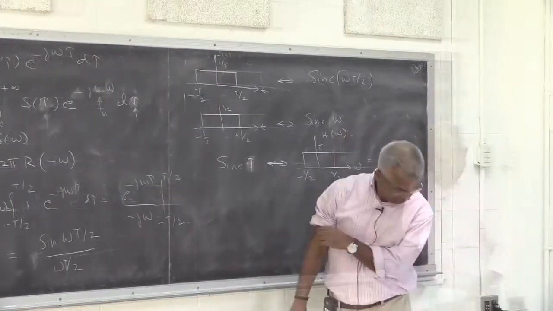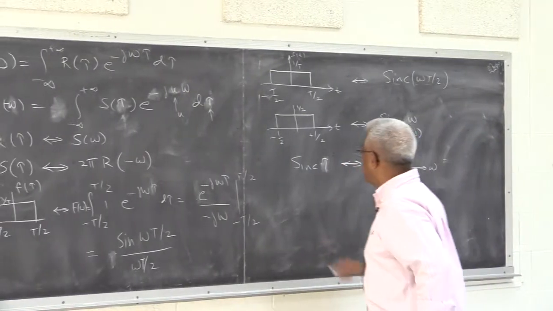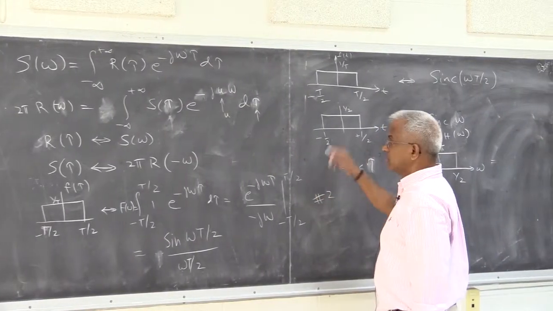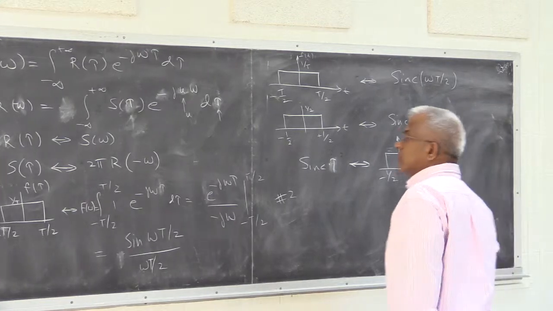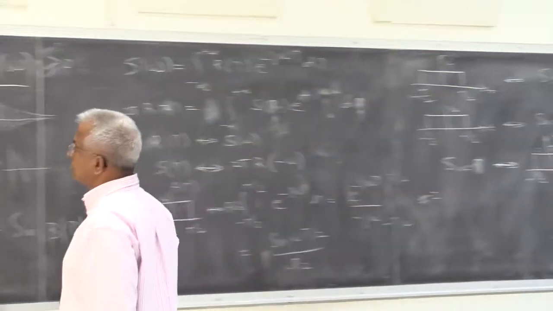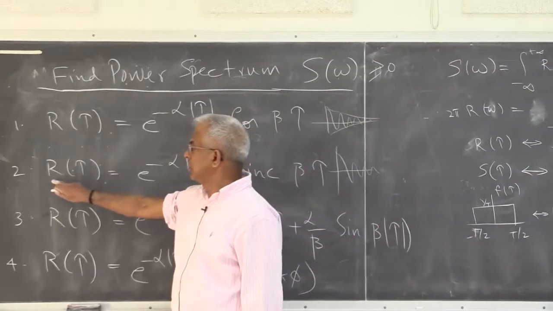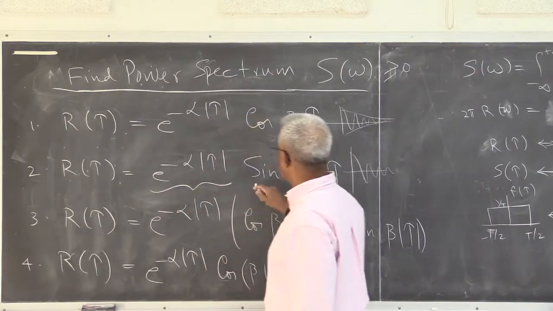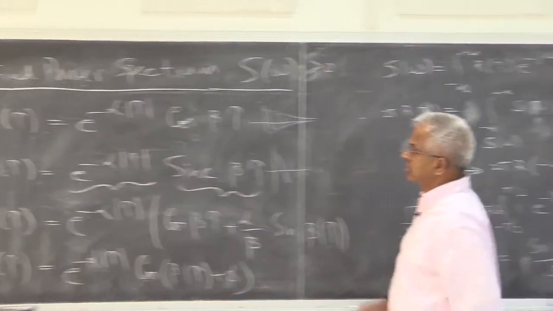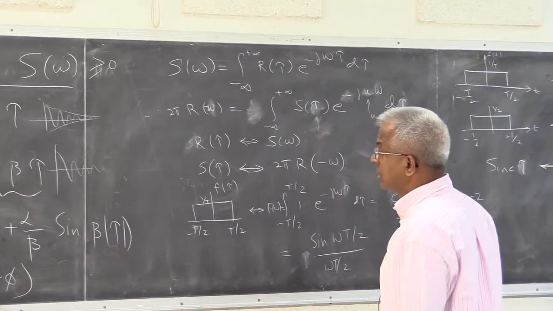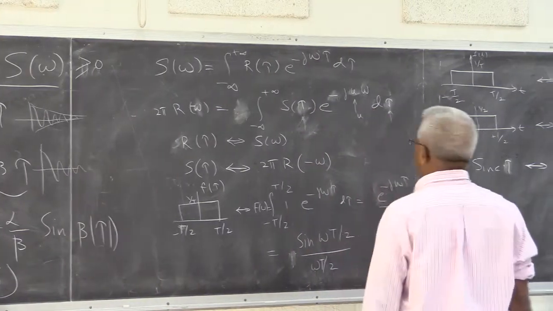Okay. I'm going to start with problem number 2, since I have done this much. Again, I'm going to use some well-known results. The transform of this is the transform of this convolved with the transform of this, because if you multiply two functions in the time domain, the transform is the convolution.